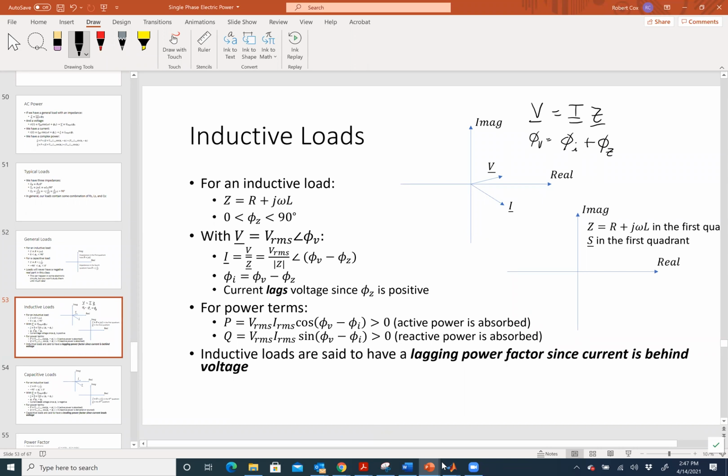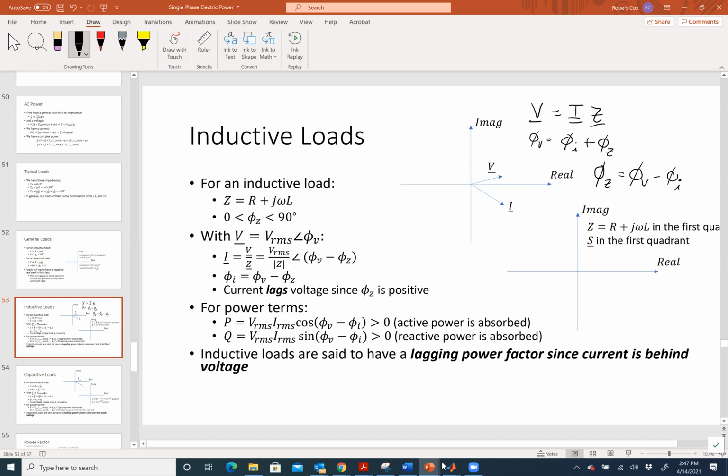Where's the current going to be relative to the voltage? Phi Z is always the angle between them, phi V minus phi I. Phi Z is always somewhere between 0 and 90 degrees.